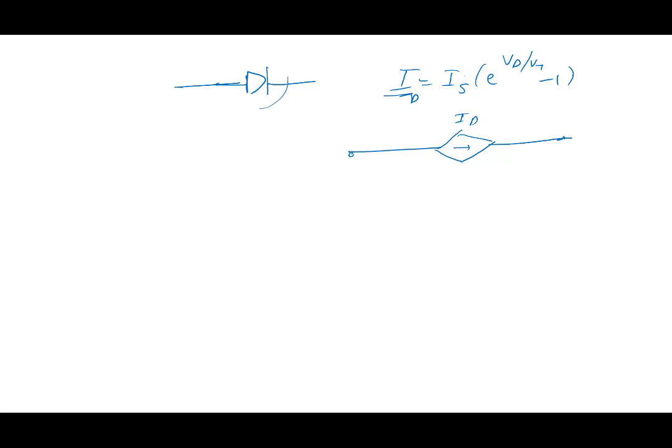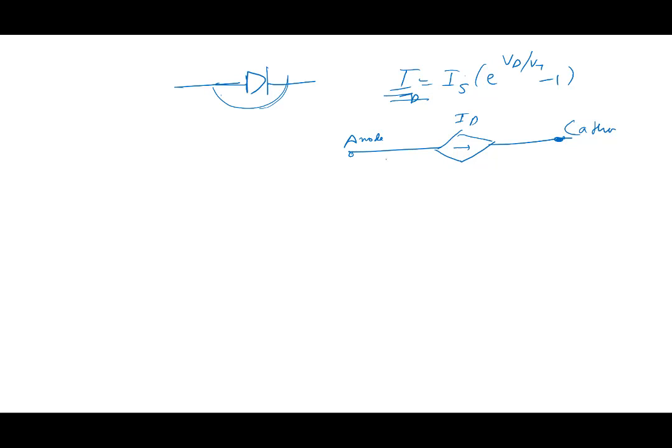What else is across this PN junction? Between these two nodes, this is anode and this is cathode. What else is there besides this current? There is a depletion capacitance and there is a diffusion capacitance.